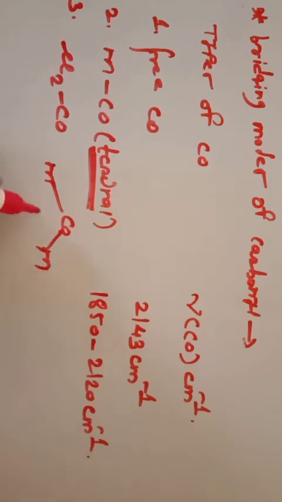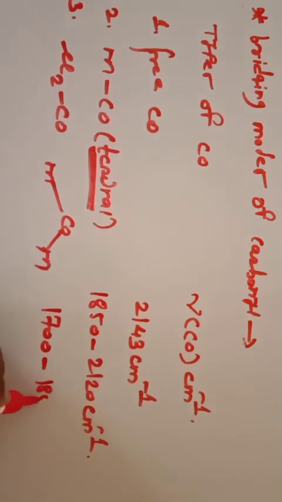We know that both metals are involved in back bonding, and therefore the carbonyl stretching frequency decreases, to 1700 to 1850 per centimeter when it is bridging.